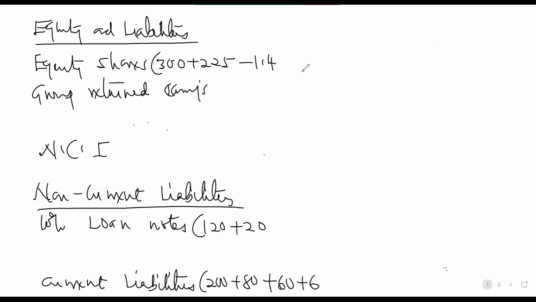So our NCI, which will be working number 4, will be 89.475. Okay. What will be the loan notes? 140. Okay, we have 140. Let's go to the group retained earnings.